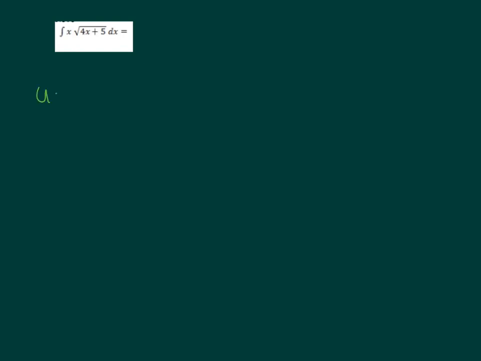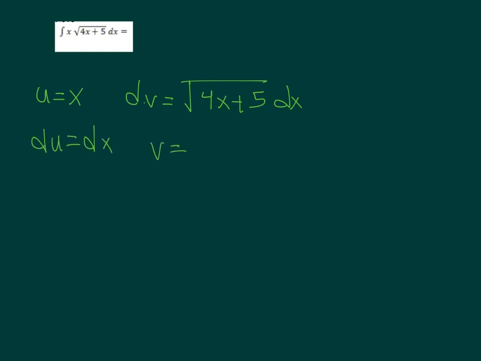As I have told you, u is going to be my simplest factor, so in this case u is going to be x, and dv is going to be the other factor, which is the square root of 4x plus 5 times dx. So du is very simple, it is dx, and v is going to be the integral of 4x plus 5 to the 1/2 times dx.